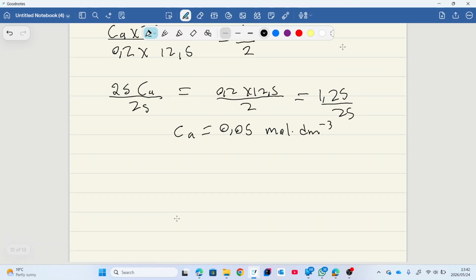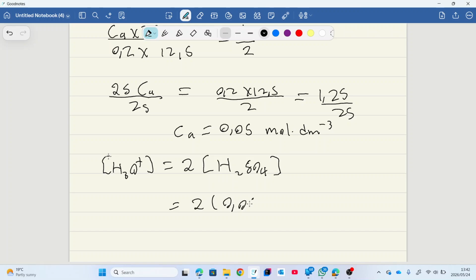The concentration of H3O plus equals 2 times the concentration of H2SO4, which equals 2 times 0.05, which equals 0.1.